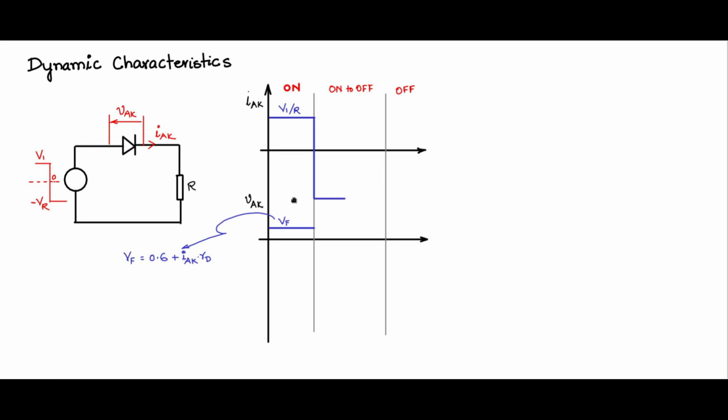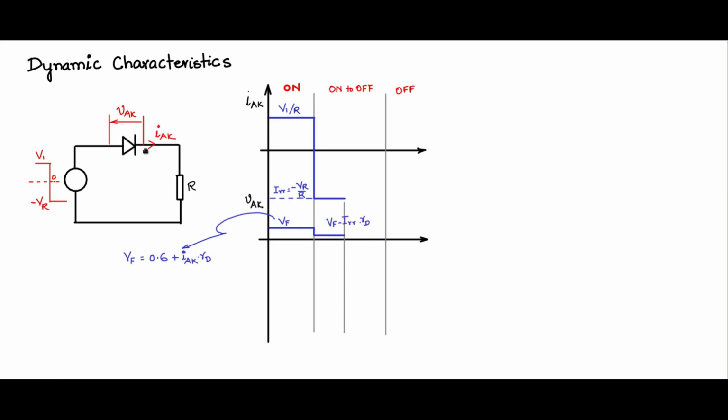We will call it IRR, the reverse recovery current, which is minus VR by R. During this time, the current is going negative now, trying to remove the stored charges, and the voltage across R will be IRR into R, and that will be subtracting from the forward drop, because the diode is still conducting, and therefore this will be V forward minus IRR into RD.